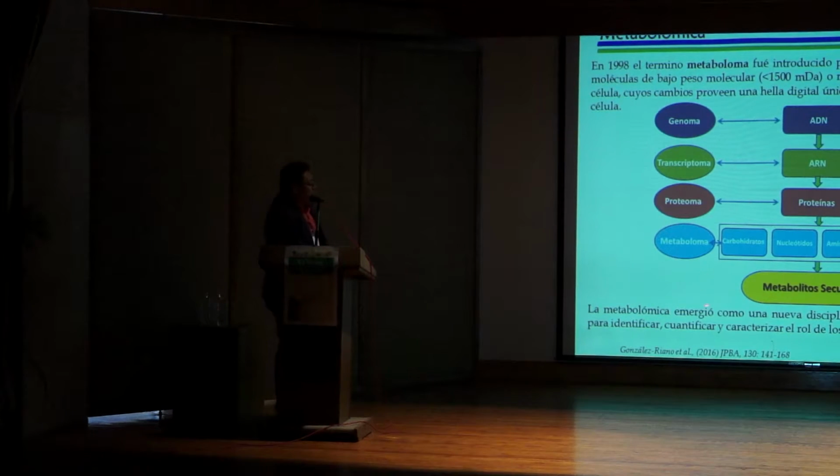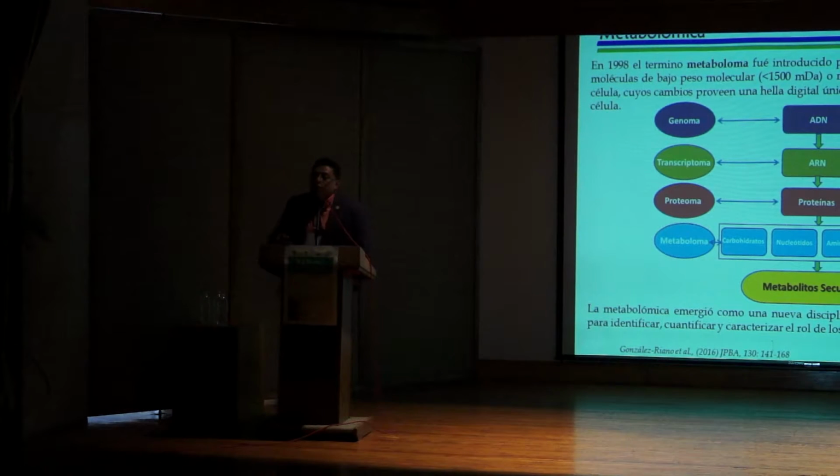So metabolomics appeared as a new helping tool to find out what is happening. However, although in metabolomics we could know what was happening in the cell, we needed a tool to compare and analyze the data, because we would have only the metabolome. We would have all the data, all the set of information, but we needed to extract something from there.